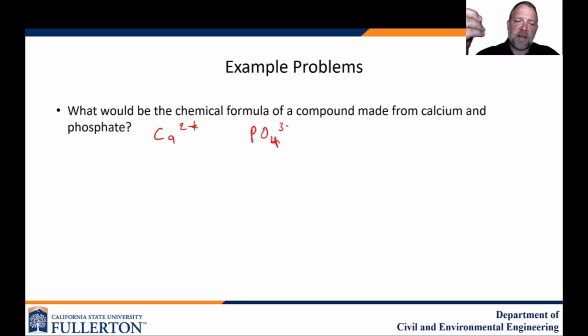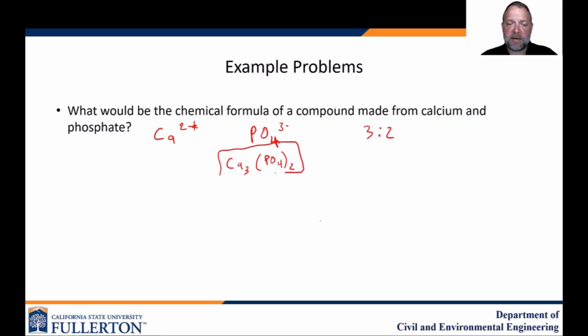Calcium phosphate. The way it would combine is you need 3 calciums for every 2 phosphates. So it's going to be a 3-to-2 ratio. And we just write that like this: calcium, 3. If you think about that, now you have 6 positive charges and 6 negative charges, so it cancels out, and they're able to bond together in that ratio.